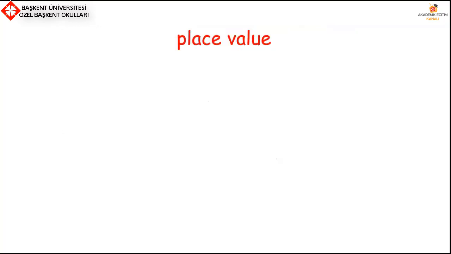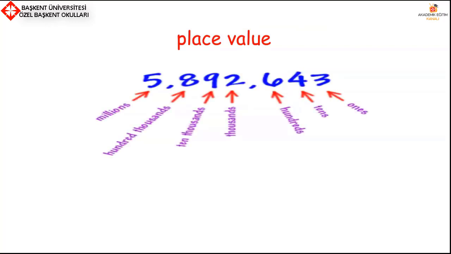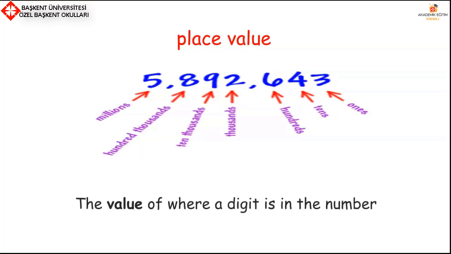So let's look at some of the vocabulary that you need to know. First of all, what is place value? Well, place value is the value of where a digit is in the number. For example, the ones, the tens, the hundreds, the thousands, the 10,000s, the 100,000s, and the millions.